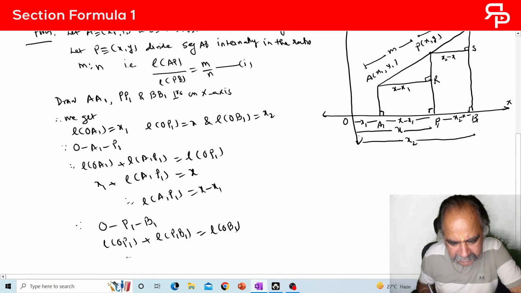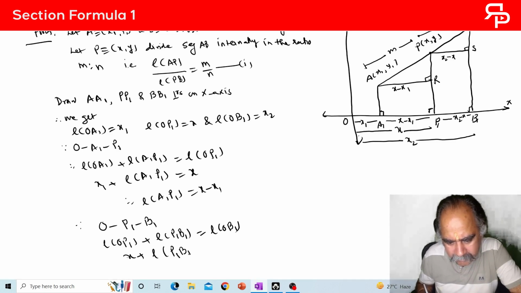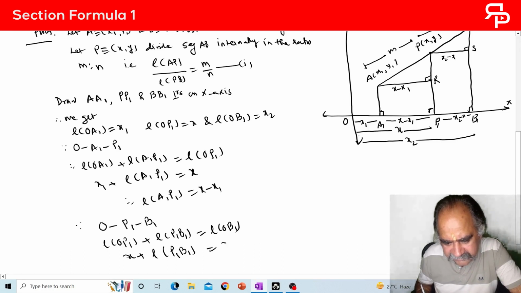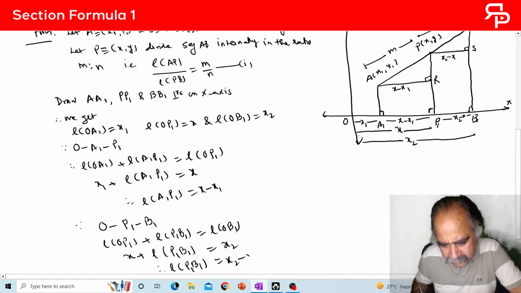Now length OP1 is x plus length P1B1 is equal to x2. So length P1B1 is equal to x2 minus x.